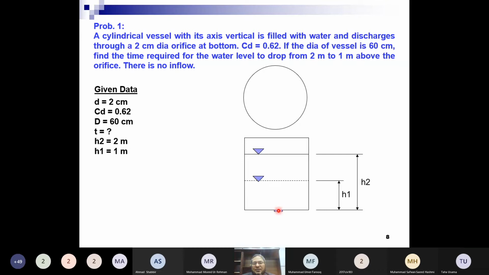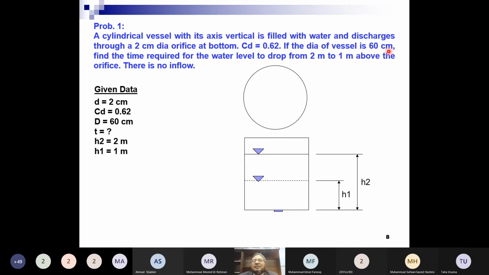So this is an orifice at the bottom and its diameter is 2 centimeter. Cd is 0.62. The coefficient of discharge of this orifice is 0.62. And it is a cylindrical vessel. So this is the plan of the tank, and this is the elevation, the side view.